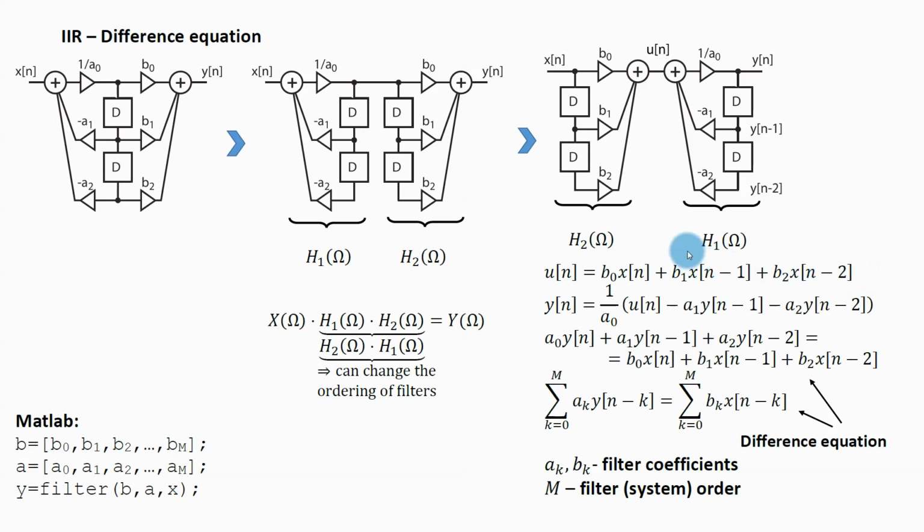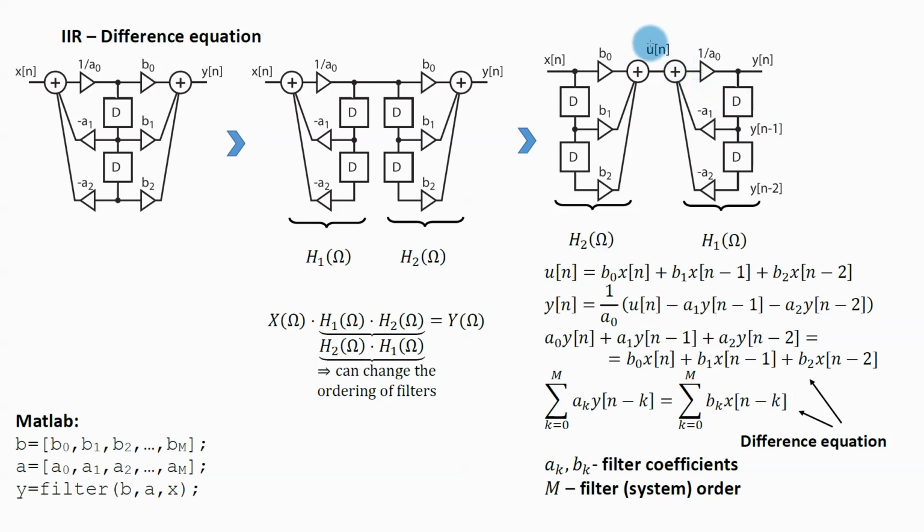How do we compute the output of the second filter? Check it out. The output is given as 1 over a0 times this sum. So here I will write 1 over a0 times this bracket into which I will put the sum. And what do I sum?